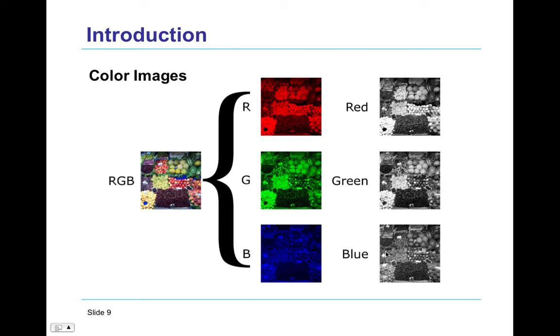Instead of being a 2D matrix, it's now a 3D matrix with 3 as depth. On the depth you have red, green, and blue. It means that you can split this RGB image into 3 different matrices.